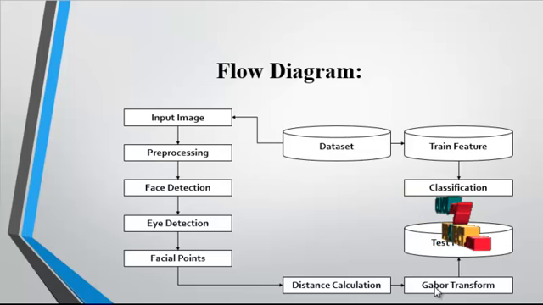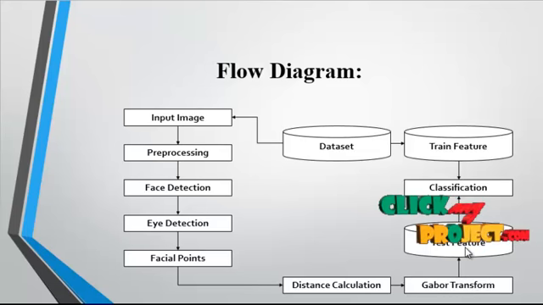After applying the Gabor transform, the transformed image comes out and the features are also extracted using the Gabor transform. The feature which was extracted using the Gabor transform is known as the test feature, and the train feature is also considered for the classification.